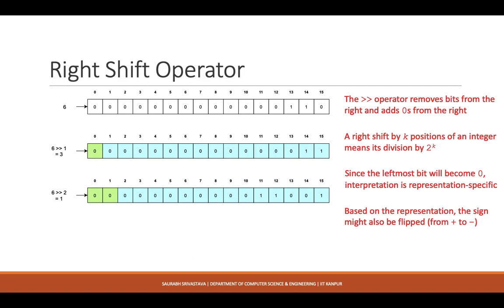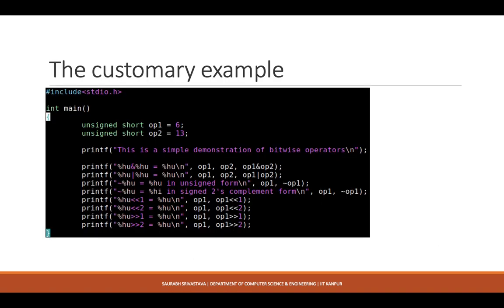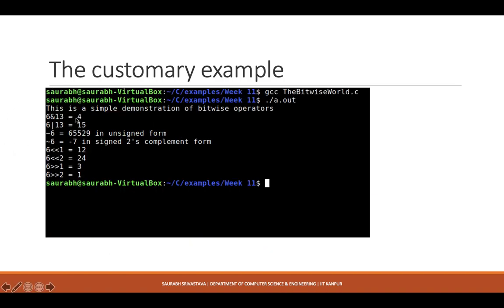It could have been a negative number before, but after shifting it, it will become a positive number. These are some of the things that you'll have to understand: whenever you use these operators, you have to be a bit careful. So this example just shows everything that we have seen till now, all the operators and their outputs.